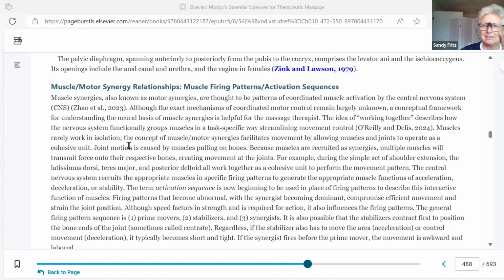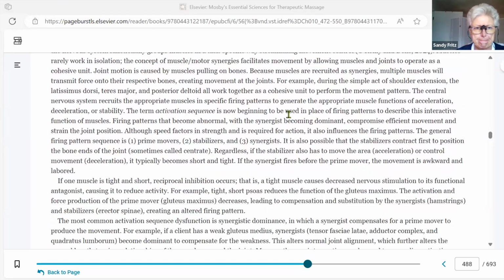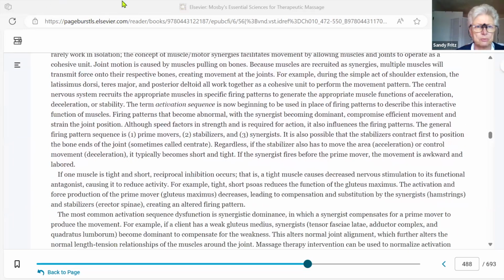It doesn't look disjointed or disconnected. So this is where the idea of prime movers, the main movers, stabilizers, and synergists come in. Stabilizers are going to isolate the pull of the muscle into a particular jointed function, and synergists are helpers.